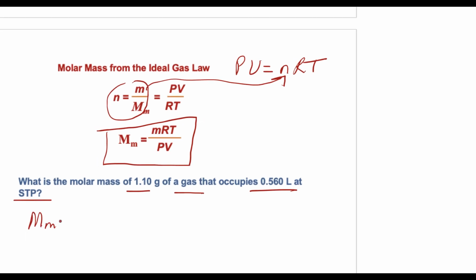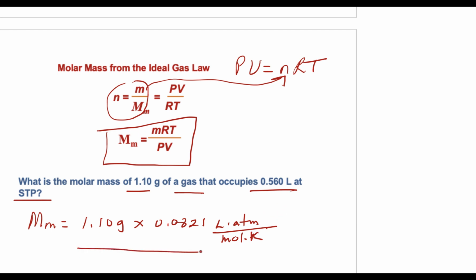The molar mass is equal to the mass, which is 1.10 grams, times R, which is 0.0821 liters atmospheres per mole Kelvin. And that would be divided by 1 atmosphere of pressure, we're at standard temperature and pressure, times the volume, which is 0.560 liters.